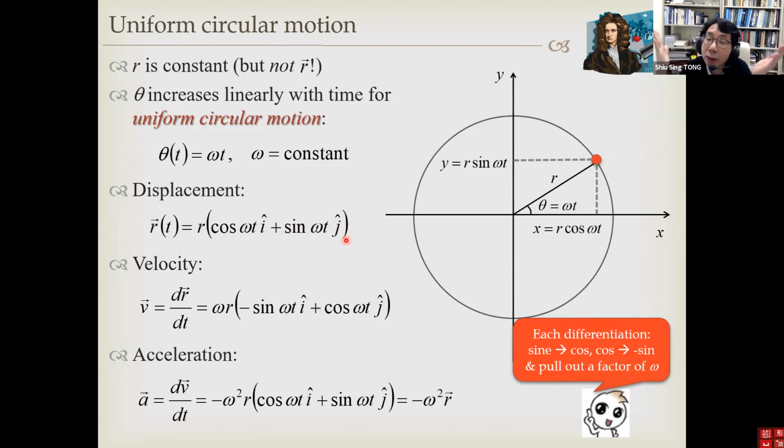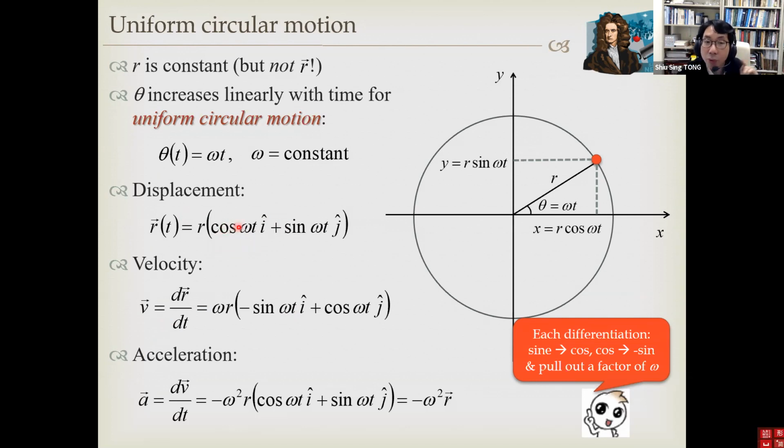So how do we find the velocity vector? We find it using a straightforward differentiation. We just differentiate with respect to time and we get the velocity. Okay. If you differentiate a cosine omega t, we have discussed with you before how to do it, right? We use the chain rule.